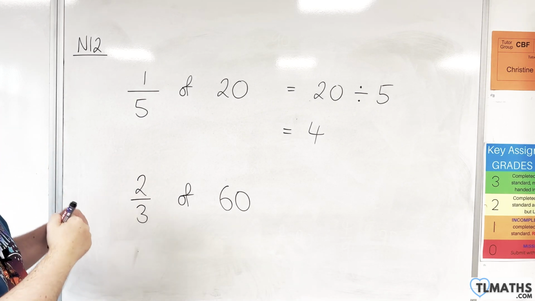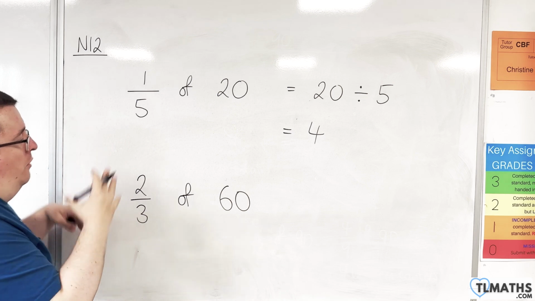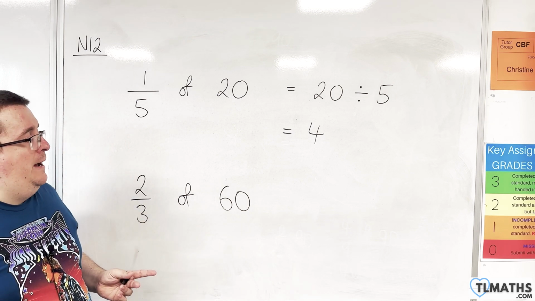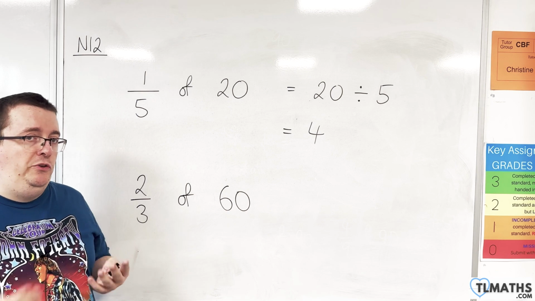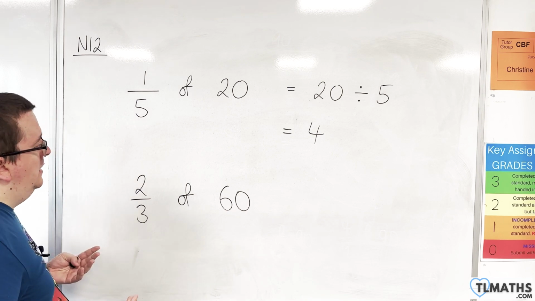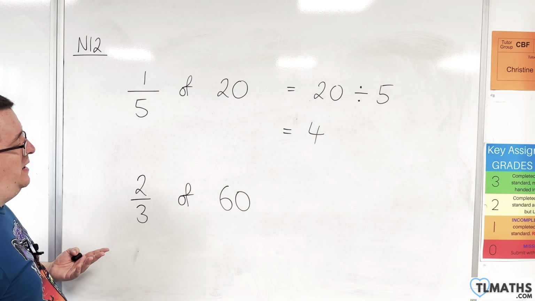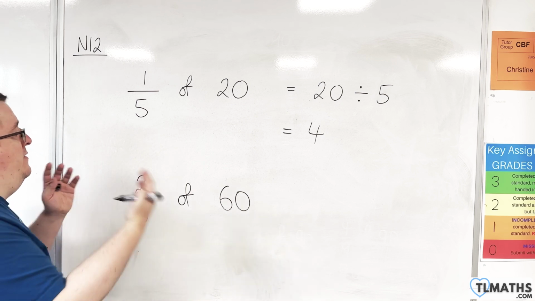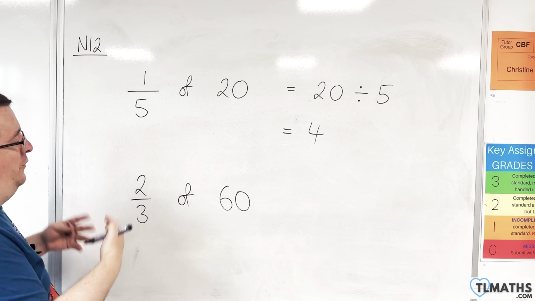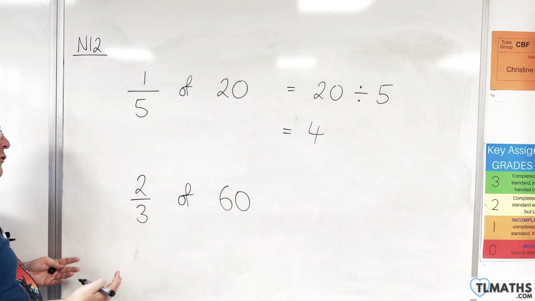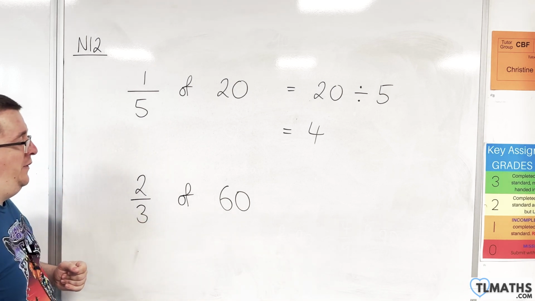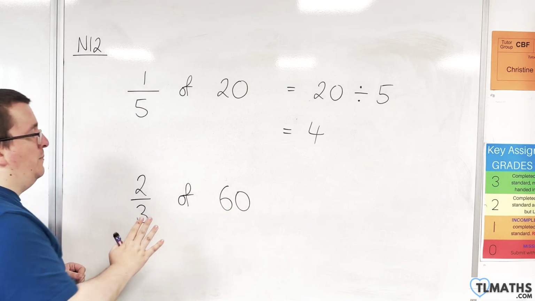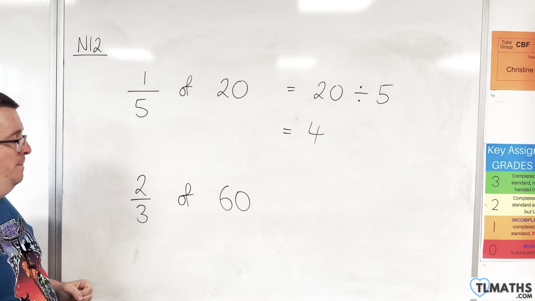Now, when we advance to non-unit fractions, so 2/3 for example, it's best to think of this in 2 stages. The way I always think about this is I think about the division first and then the multiplication. So when I'm doing 2/3 of 60, I'm thinking about what is 60 divided by 3 first.